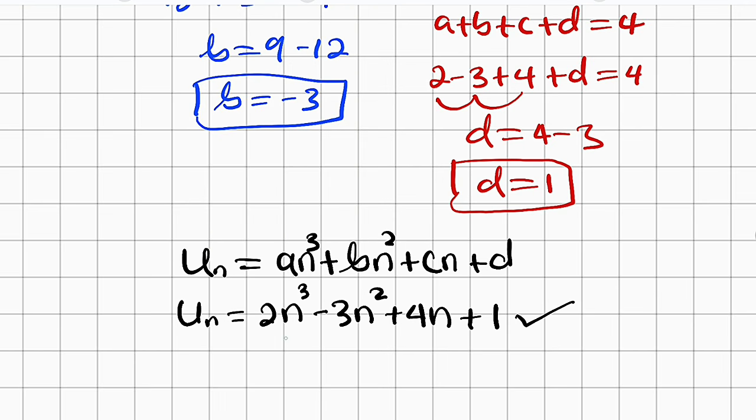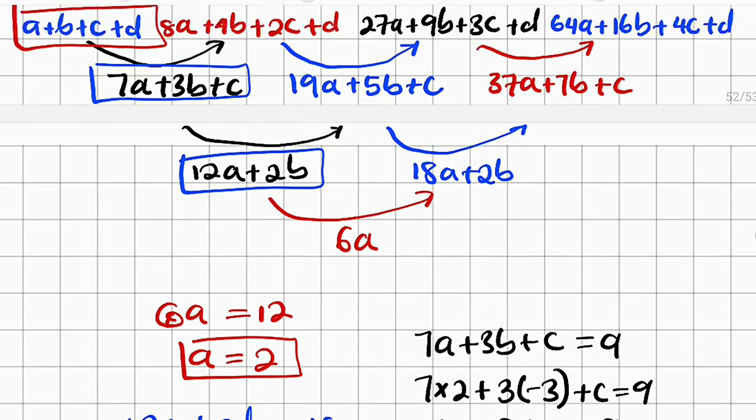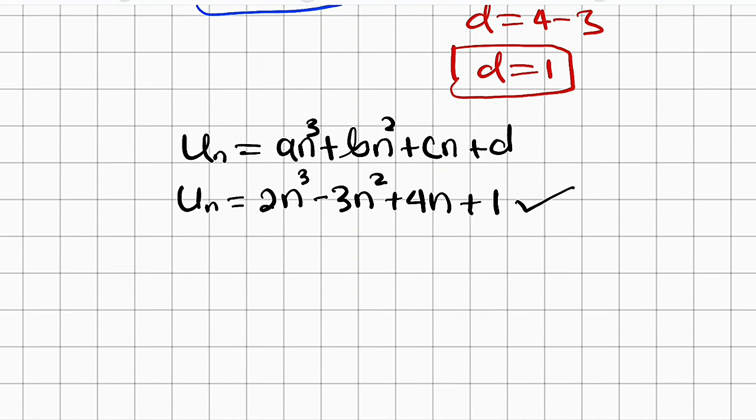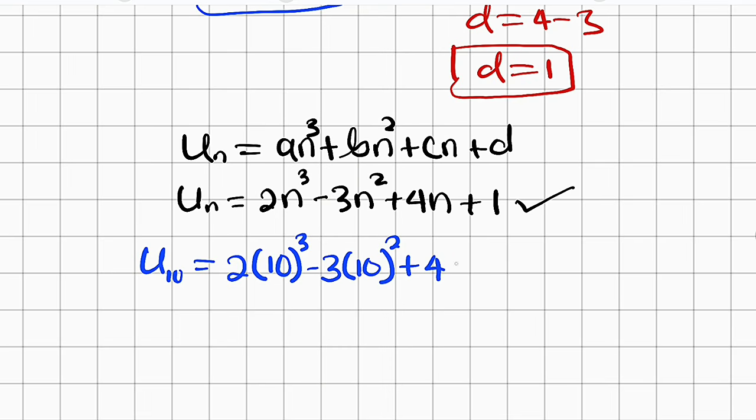Yes, so this is the nth term of that sequence. But remember, we are looking for what? The 10th term. So to find the 10th term, all we have to do is to replace n with 10. U10 is equal to 2 times 10 to the power of 3 minus 3 times 10 squared plus 4 times 10 plus 1. This is what we need to simplify to get the 10th term.